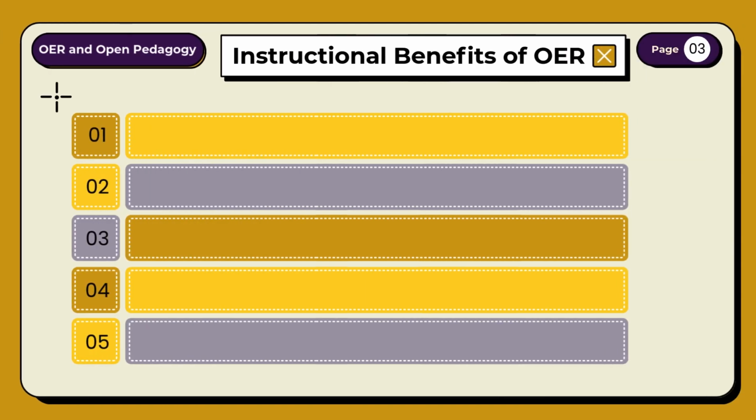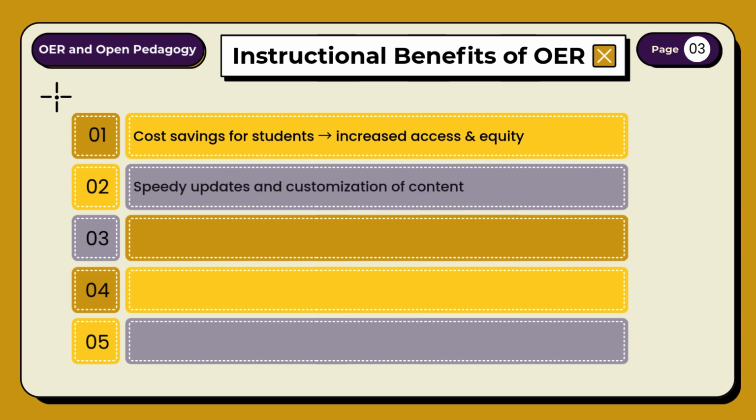The instructional benefits of OER are real. First, cost savings matter. If students don't have to purchase expensive textbooks, they are more likely to engage with the materials, enroll in more courses, persist, and complete. Second, open materials permit instructors to customize and update the content quickly, which aligns well with arts integration and responsive instructional design.